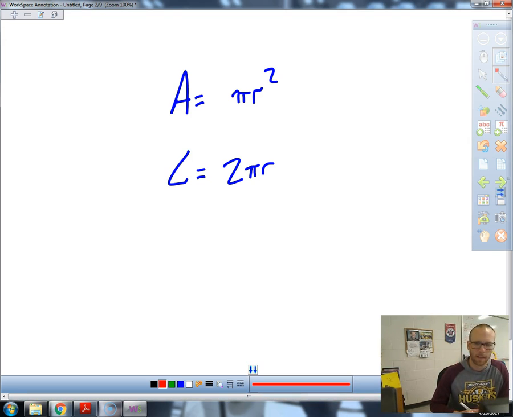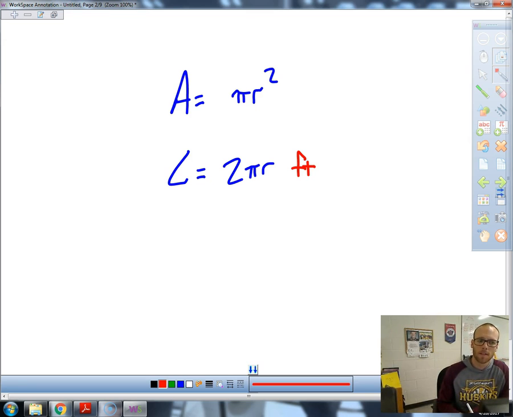My little thing that I just think about real briefly is the units. If I'm going to measure a circumference, that's a distance around the circle. That's a length. So my units for circumference might be feet. But now when we talk about area, what are the units for area?